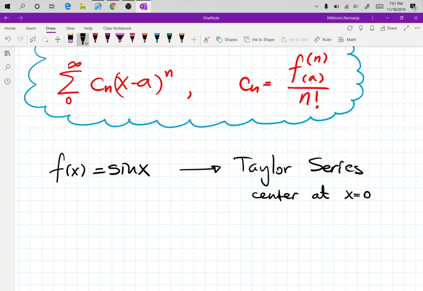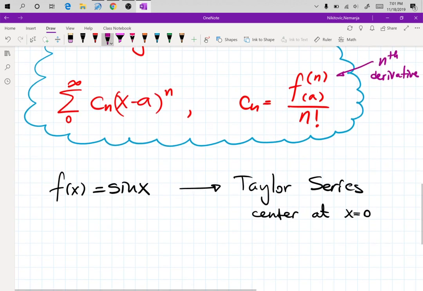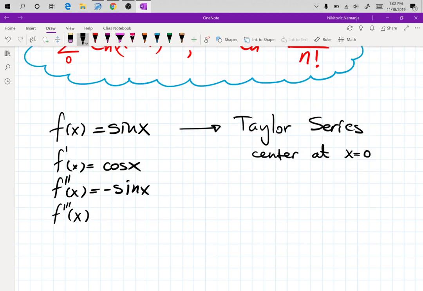This notation here is the nth derivative. You are used to prime and double prime and triple prime, but as soon as you hit the fourth derivative, you put 4 in parentheses. So pay attention to notation. F prime of x is cosine x. F double prime of x is negative sine x. F triple prime of x is negative cosine x.